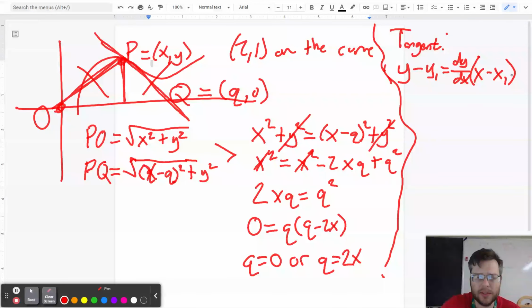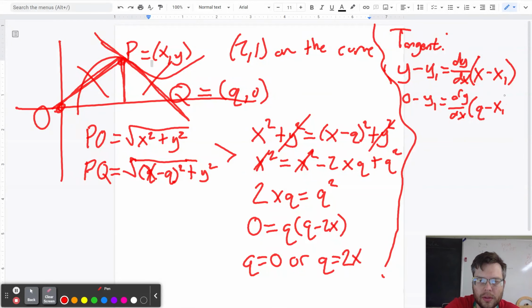And what I know is that this will always intersect at q. So I can substitute 0 for y and q for x. So 0 minus y1 is dy/dx times (q minus x1).